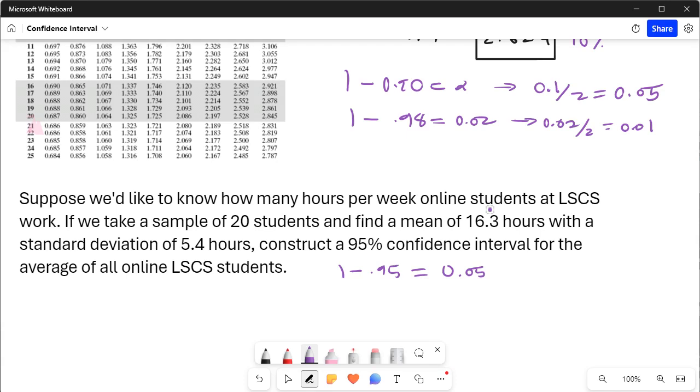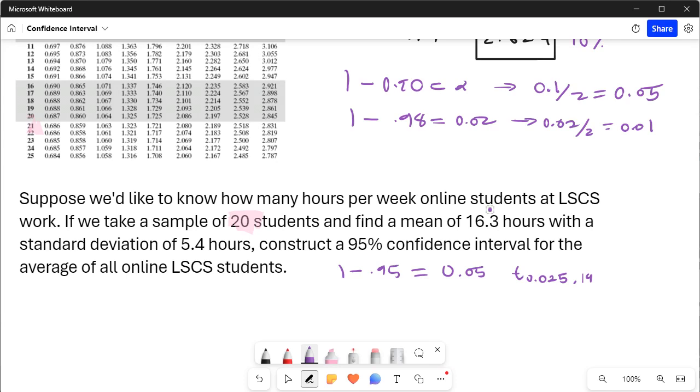Now, that would imply that the t-value we need to look for uses half of that, so that's 0.025. But how many degrees of freedom would that be? If it's a sample of 20 students, then that's going to be 19 degrees of freedom.